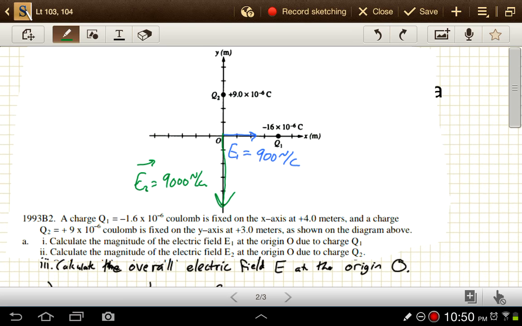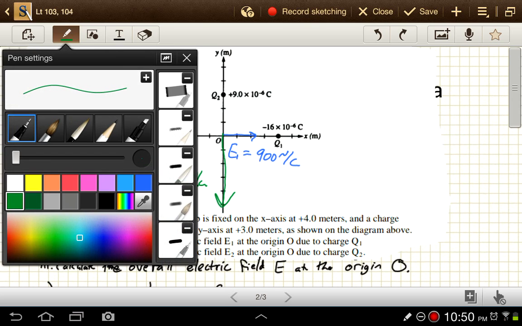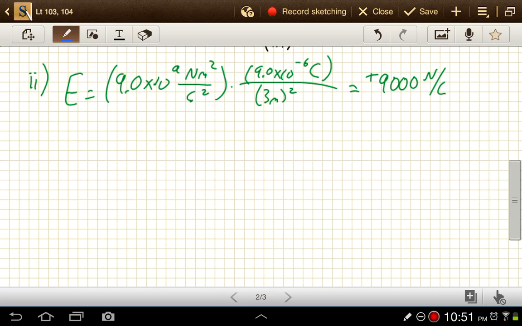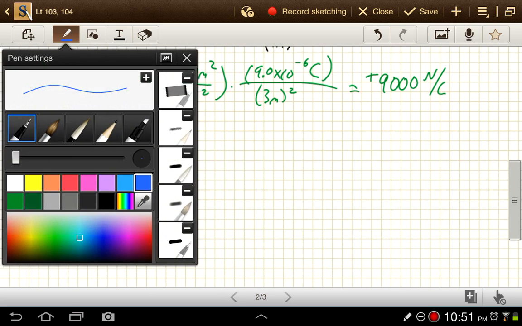Okay, so we've gotten each of those individually. Next step is to figure out what the overall electric field at that location would be. So you can see we've got these two vectors. We're just going to do vector addition to figure this out. So part 3, switch back to black here.